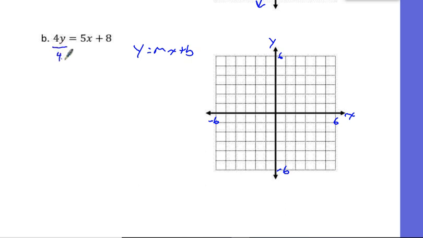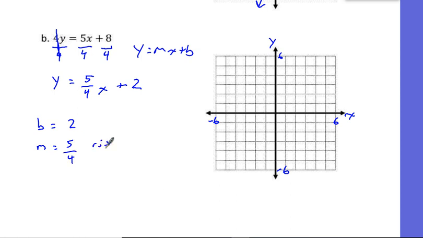So we're going to divide every single term on every side of the equal sign by 4, which will give us y by itself, because 4 divided by 4 is 1, equals 5/4 x plus 8 divided by 4 is 2, which tells us our starting point, or b, the y-intercept, is positive 2, and the slope is 5/4.